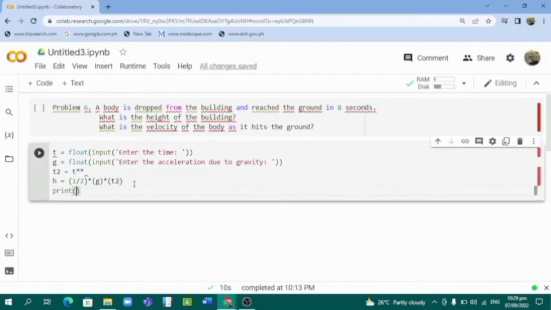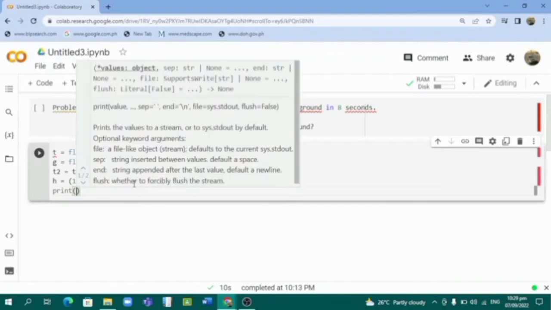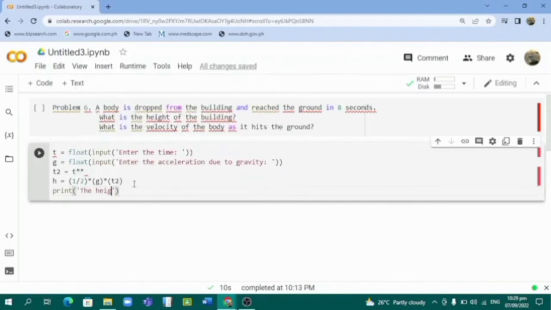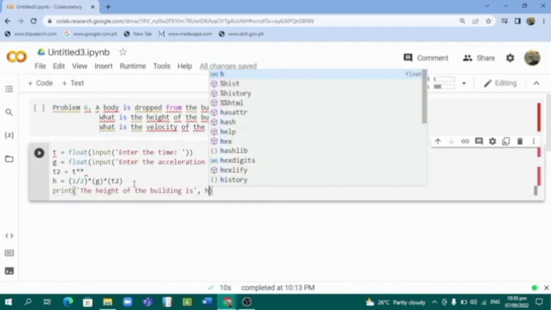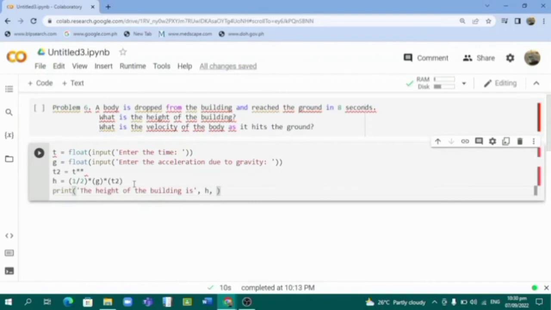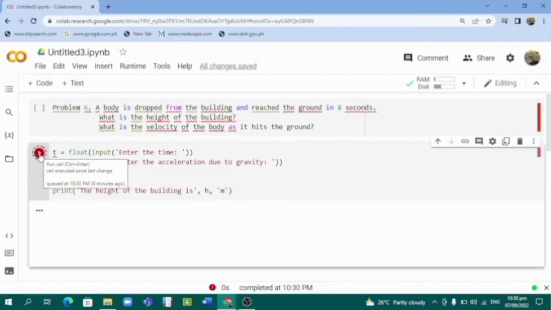Print, close open parenthesis, the height of the building is, put here comma, space, h, comma again, then space, and the unit of measurement is meter. So we're gonna print it.